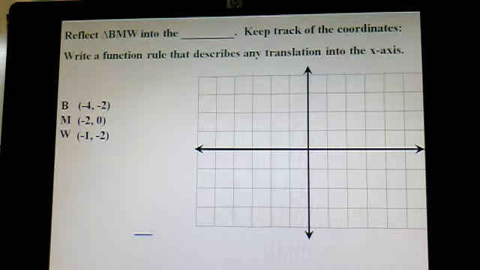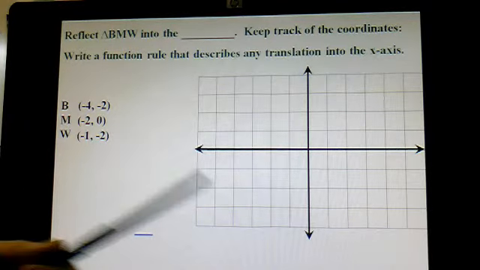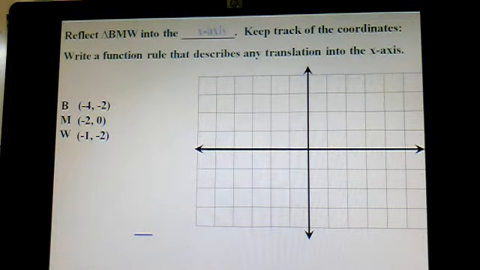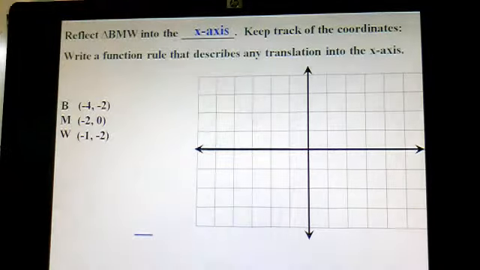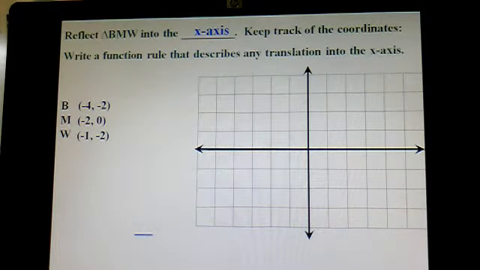The rest of these notes are reflection specific. So you're going to take this given triangle BMW, plot these 3 points on the graph, and then I want you to reflect them into the x-axis. Basically flip them over the horizontal line there. In class I would pause this and then let you work.